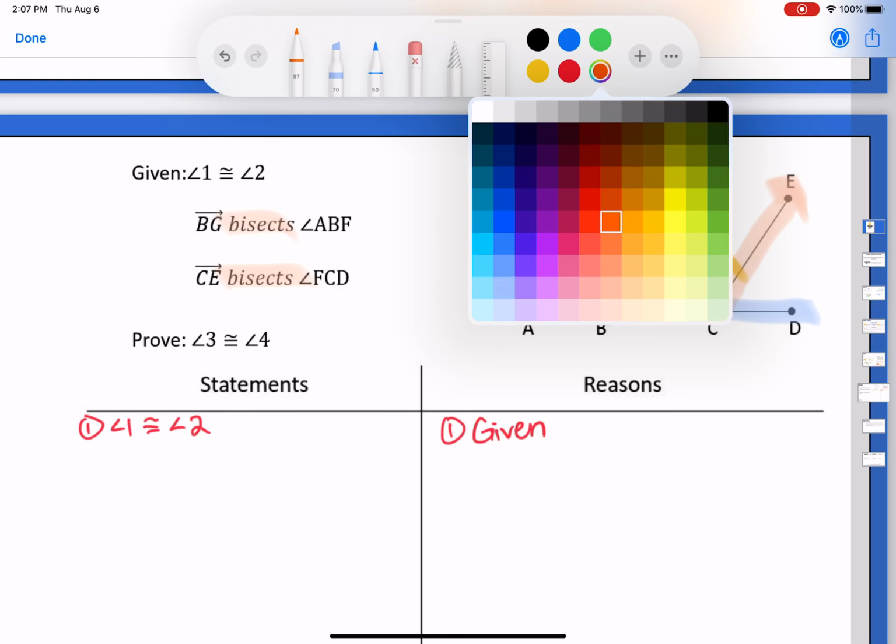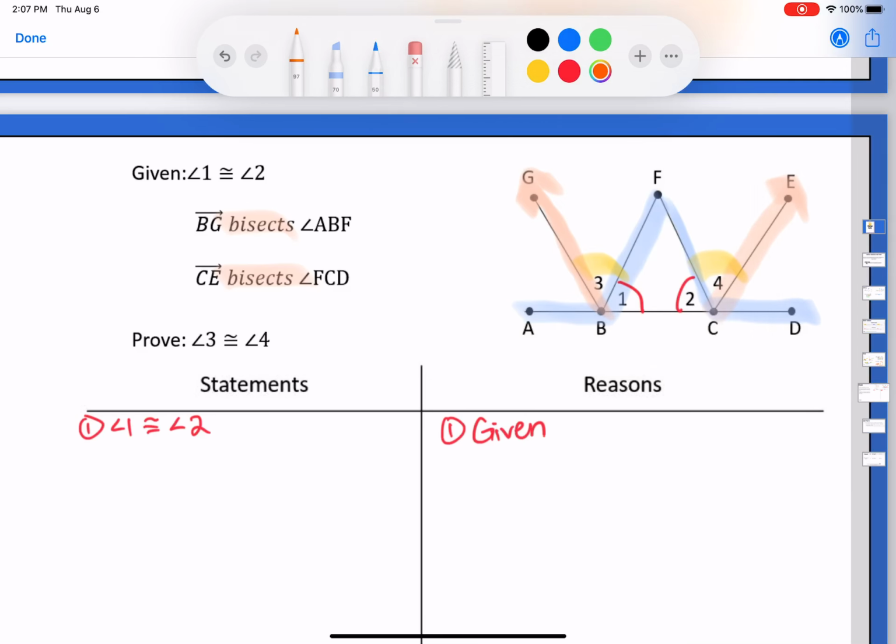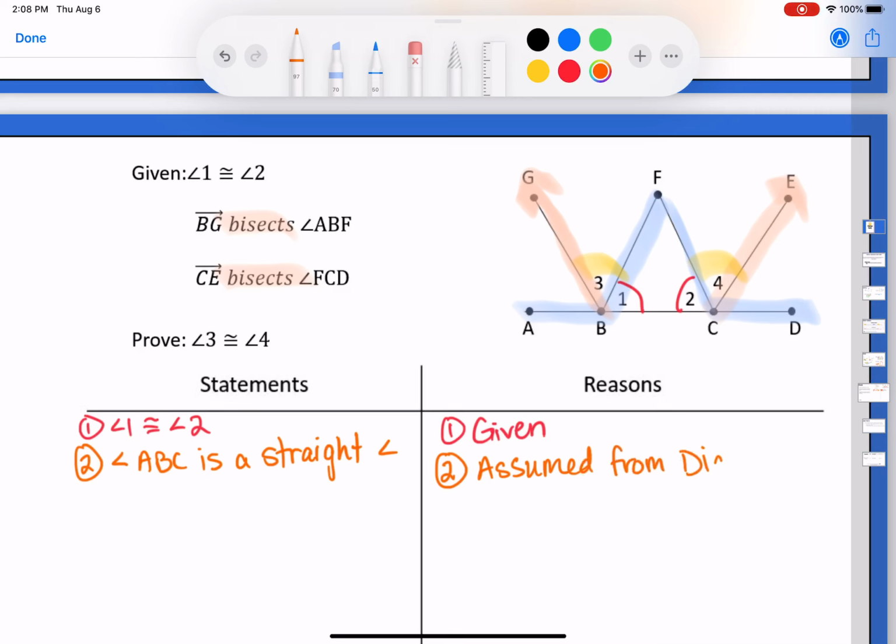All right, let's see. Okay, if I'm going to say that they're supplementary, though, first I need some straight angles. So step 2, angle ABC is a straight angle. That is assumed from diagram. All right, now that has a vertex right here at B. So that means step 3, I can now say angle ABF is supplementary to angle 1.